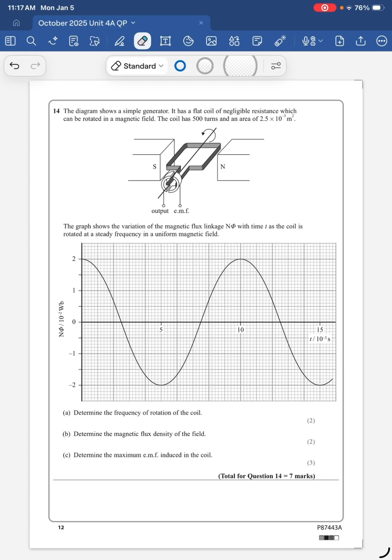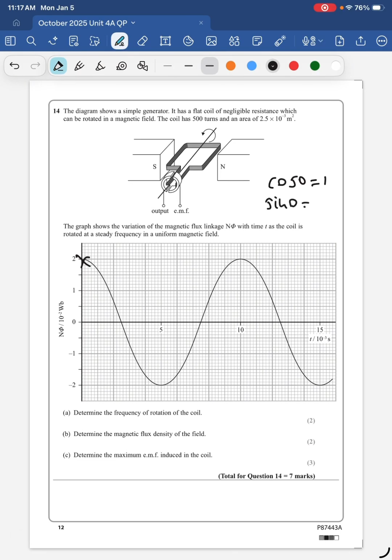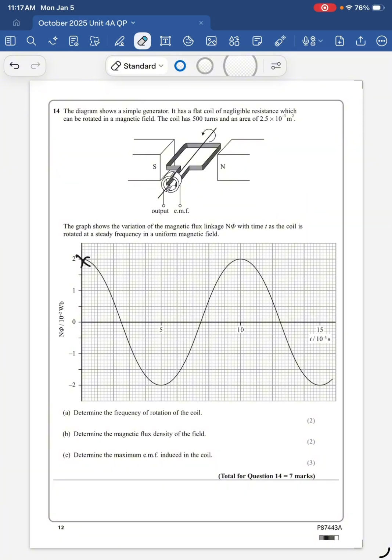It's a cosine, because at time 0 we have a maximum. Cosine of 0 is 1, whereas sine of 0 is 0. So we know that this is a sinusoidal behavior, as it's called.